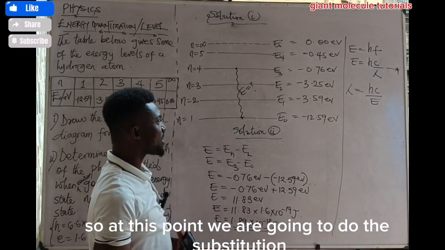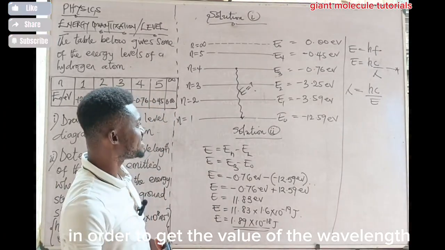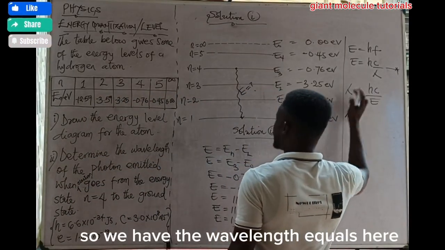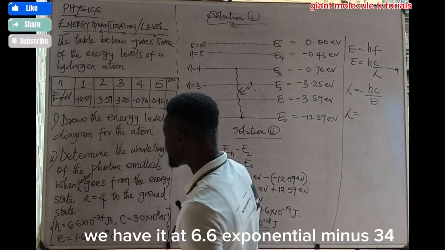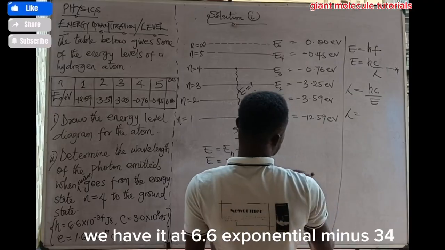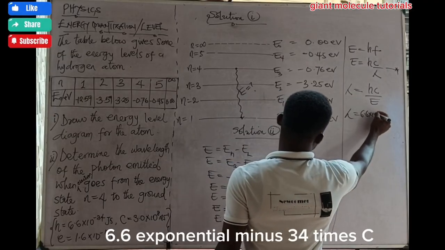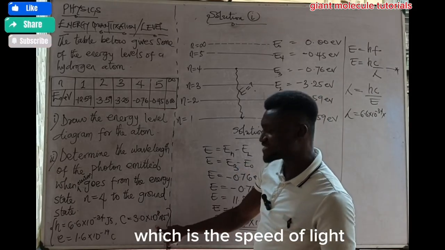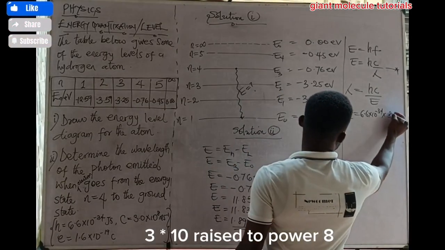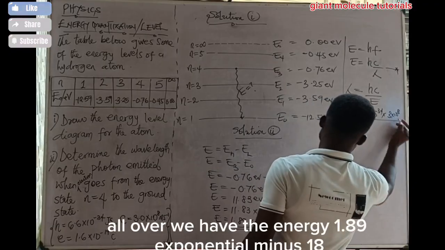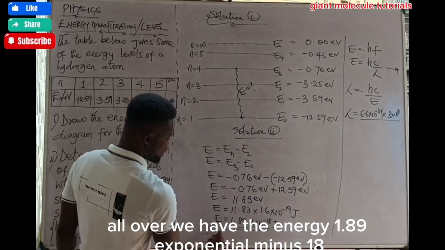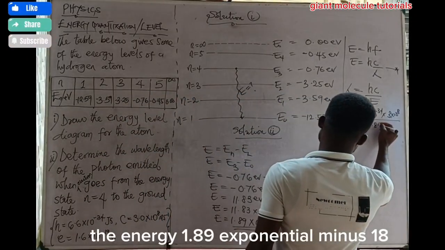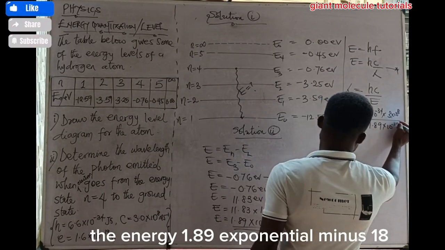So we are going to do the substitution. The wavelength equals, here h is the Planck constant, 6.6 exponential minus 34, times c, which is the speed of light, 3 times 10 raised to the power 8, all over the energy, 1.89 exponential minus 18.